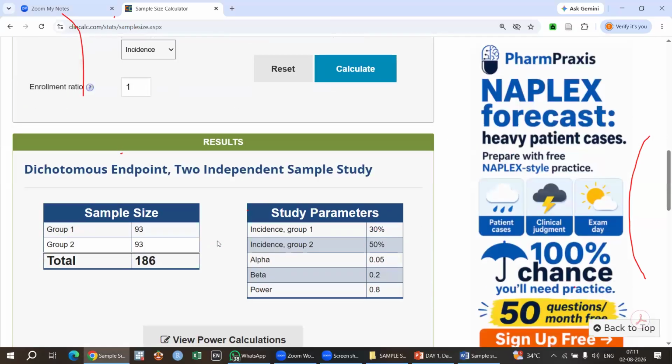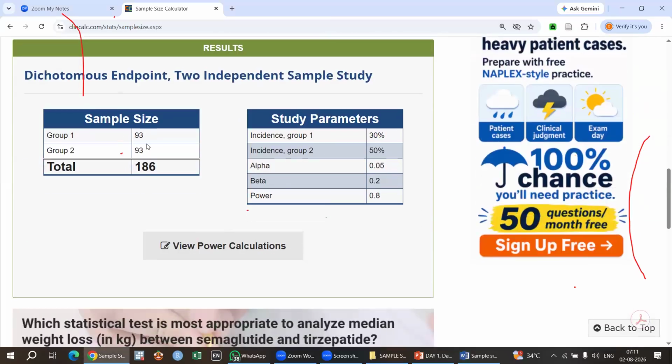So here it is coming 93. Okay, so almost equal. Sometimes it may be 1, 2, 3 less in sample size, or sometimes greater than what we have calculated. So it is okay. It's fine. There is no problem.